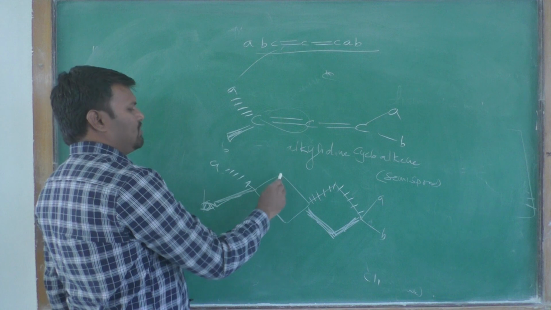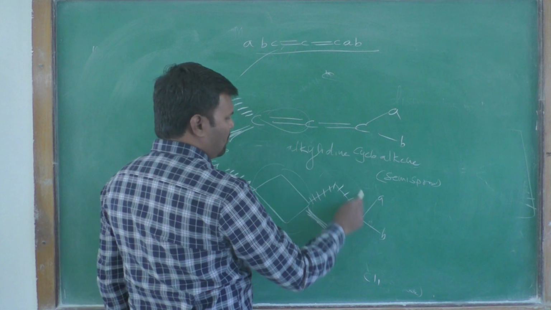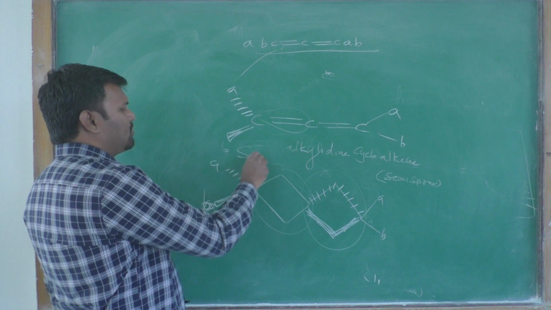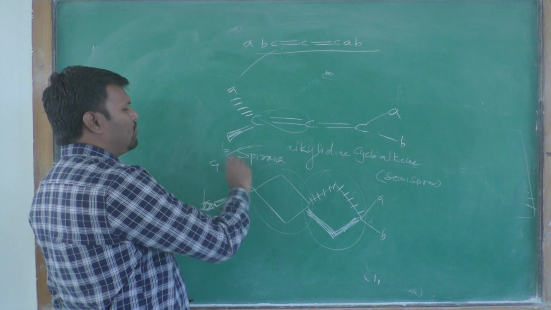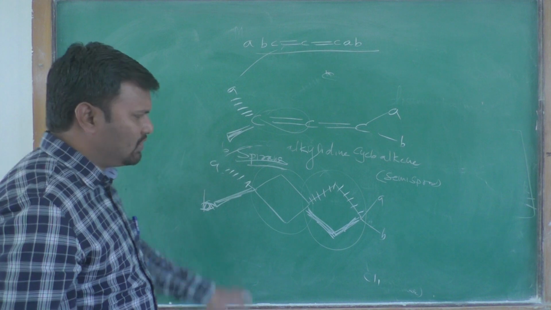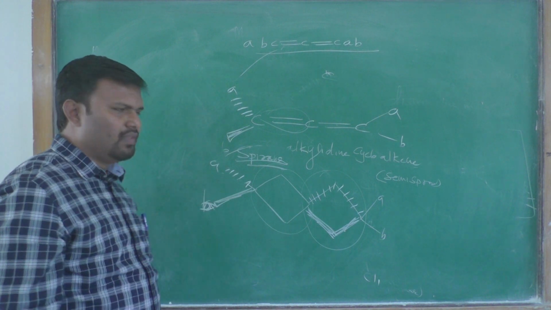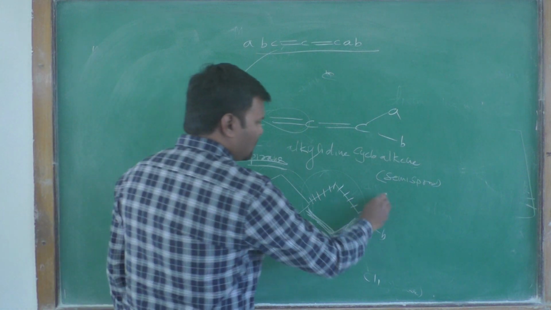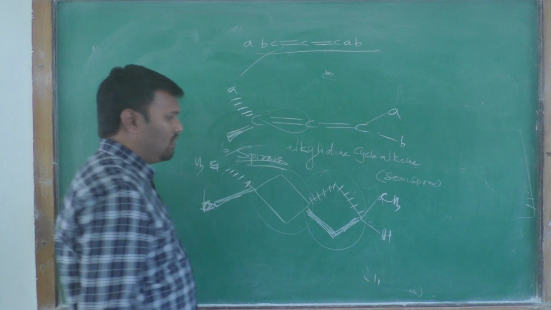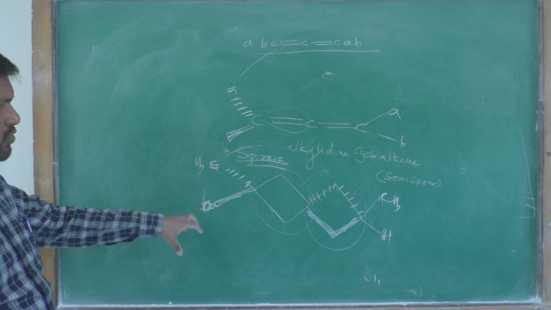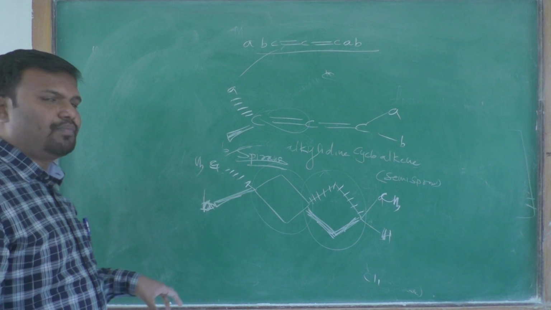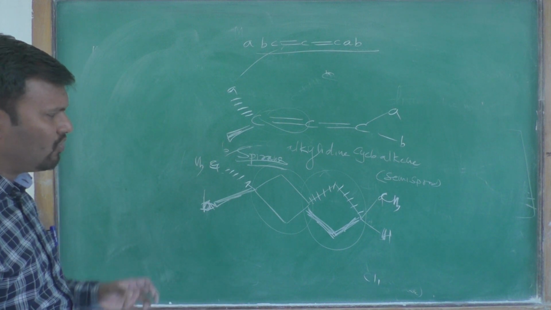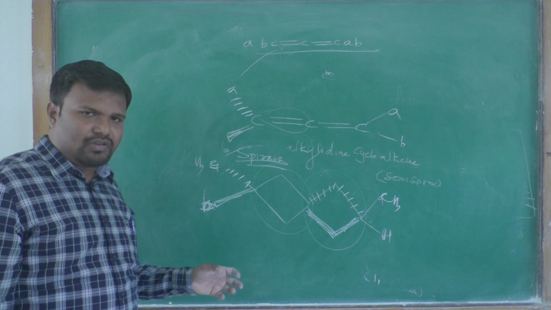That double bond we replace with this ring, and that double bond we replace with this ring. Such a compound is called a spirane, a spiro compound, and it also shows optical activity. If we replace with CH3 and hydrogen, this compound is also optically active, and we call it a spirane or spiro compound.